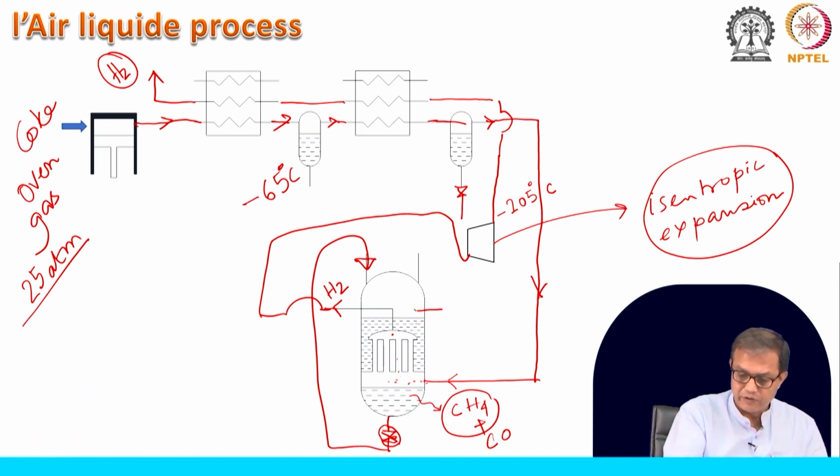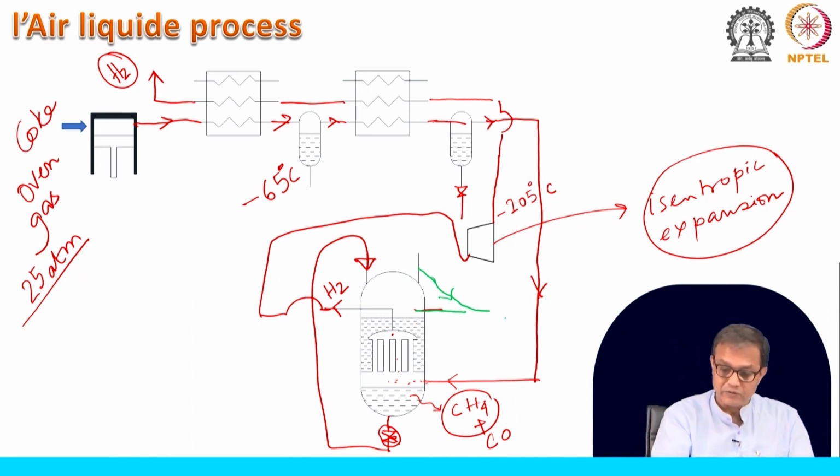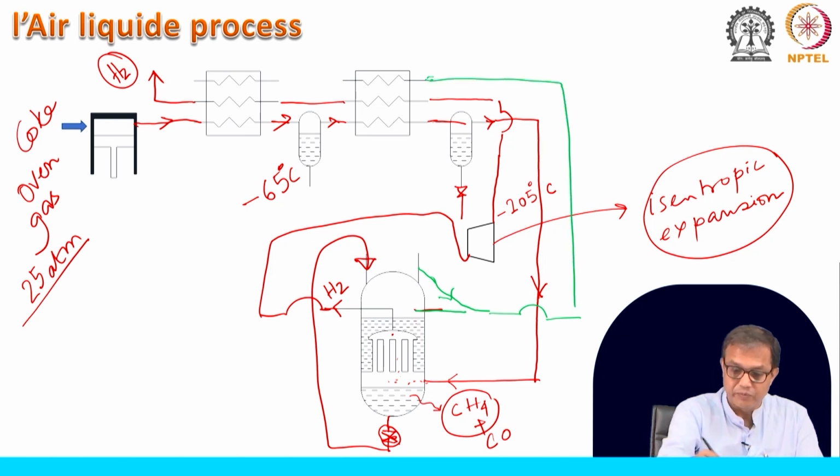So, this is where you have this gaseous vapor on this side. Basically this part is the vapor part of this CO and CH4, and that is quite cold, and that will be taken out from here as a methane plus CO mixture.